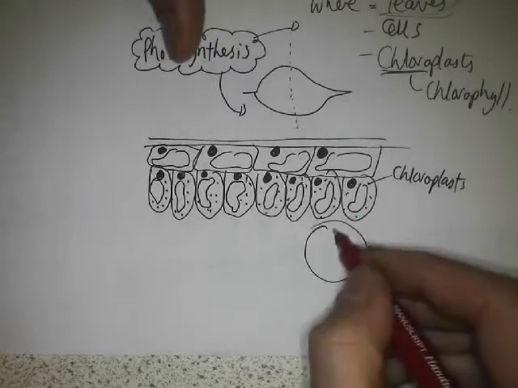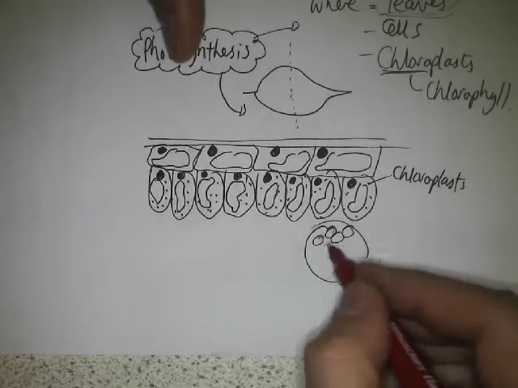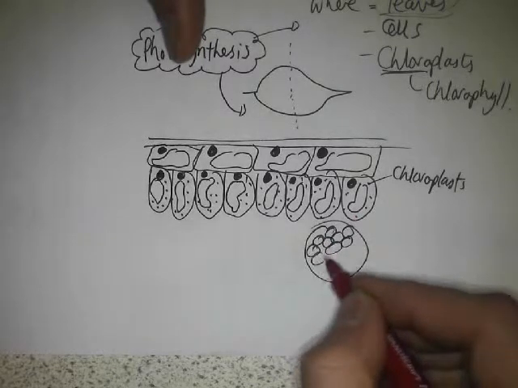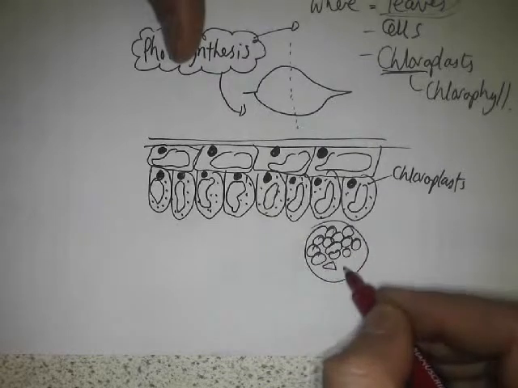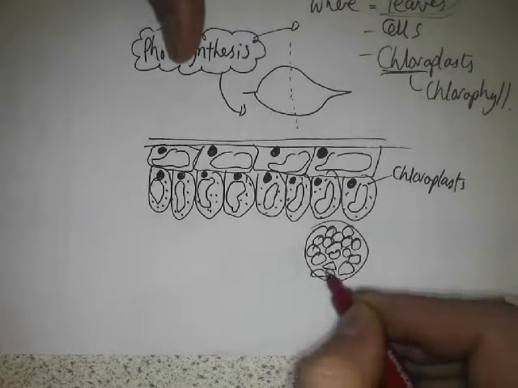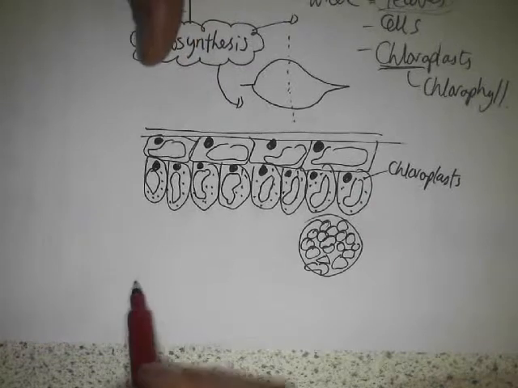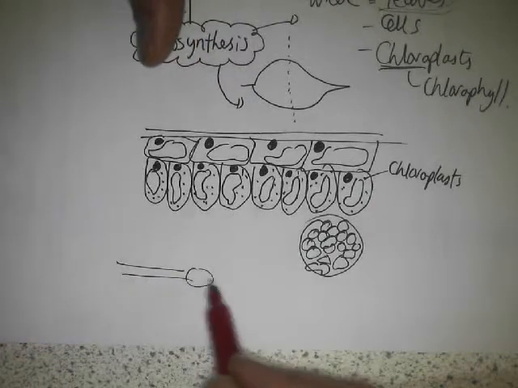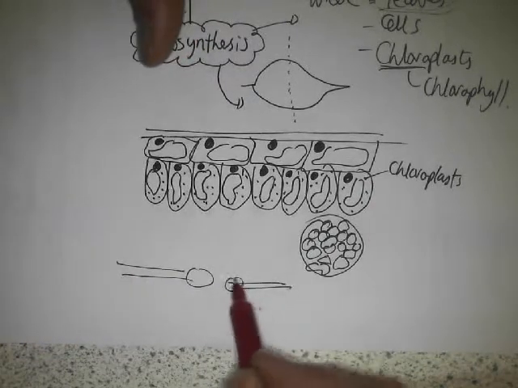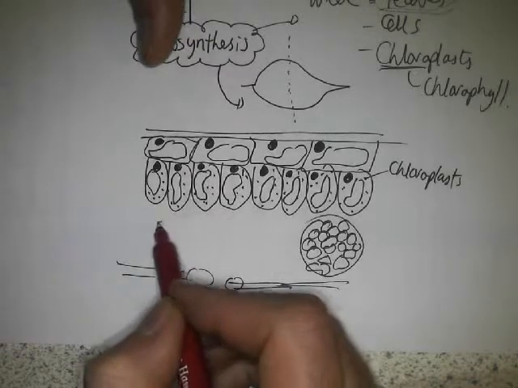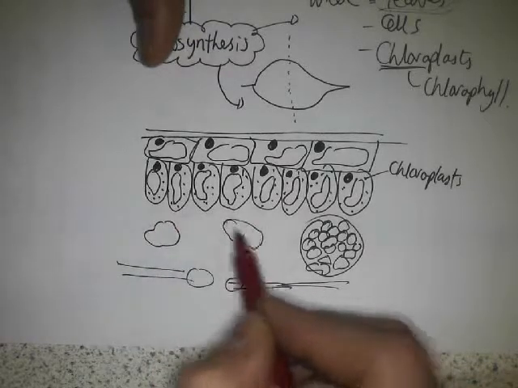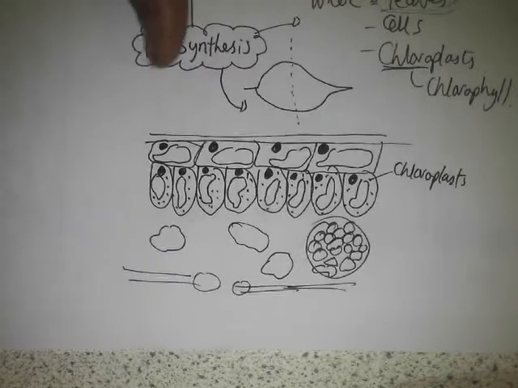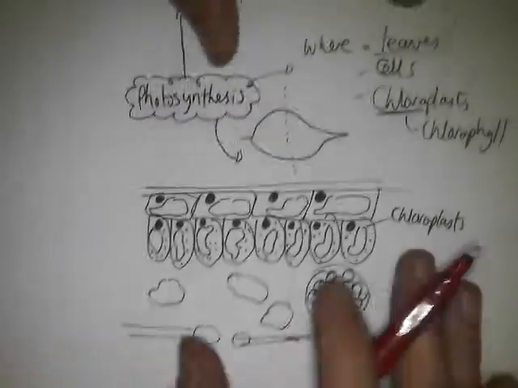Then you've got this structure in here. And you've got the bottom of your leaf. Like so. So that is our leaf, structure of our leaf.